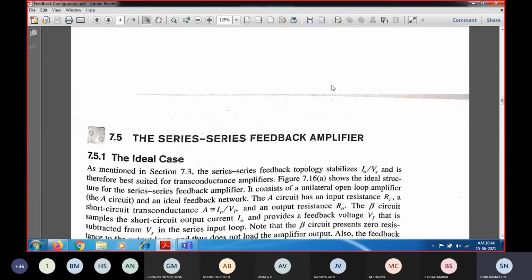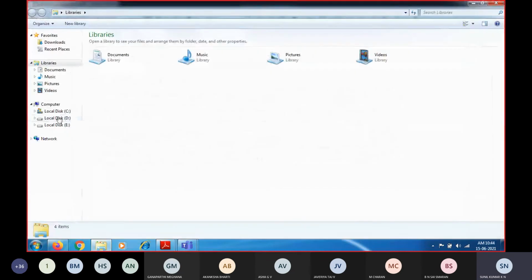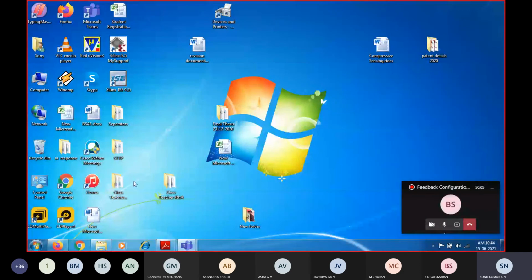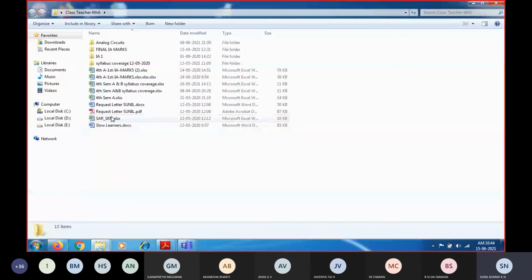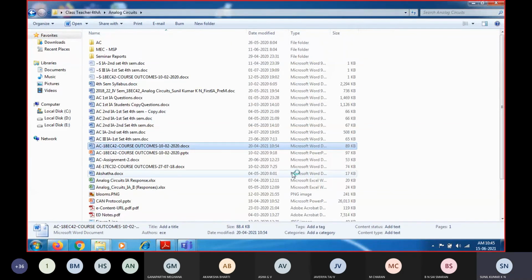Same way, the series feedback amplifier also we can see. But before that I will just go through the syllabus copy, to see what has been given, whether it talks about all the amplifiers or just some.